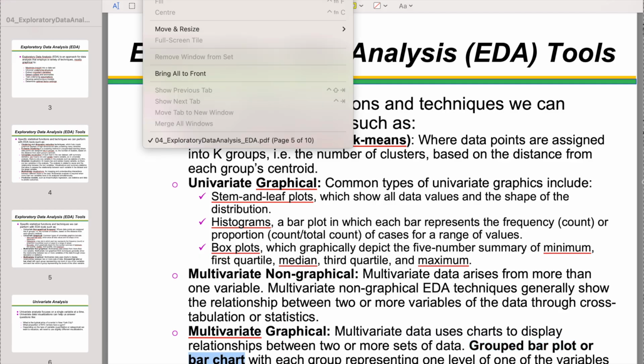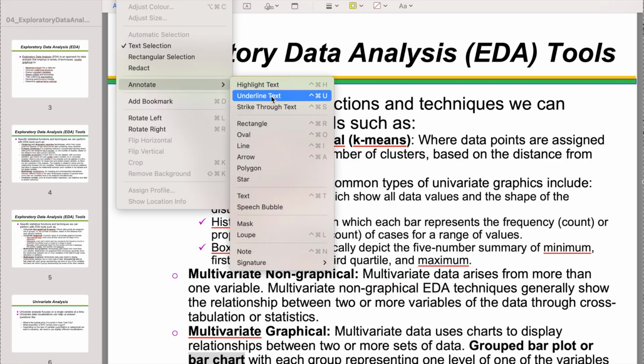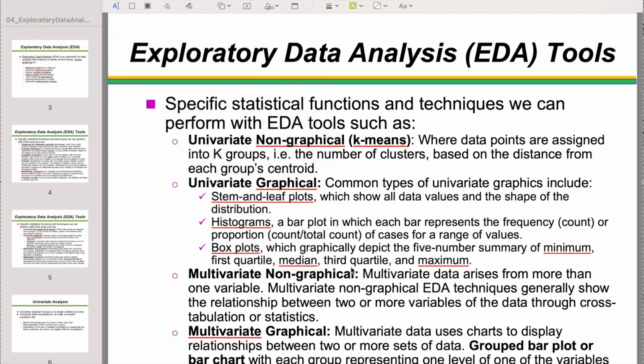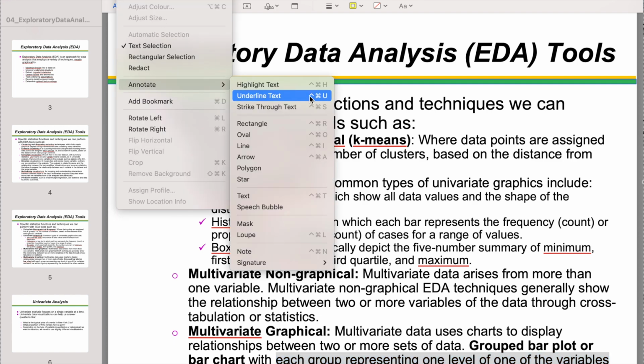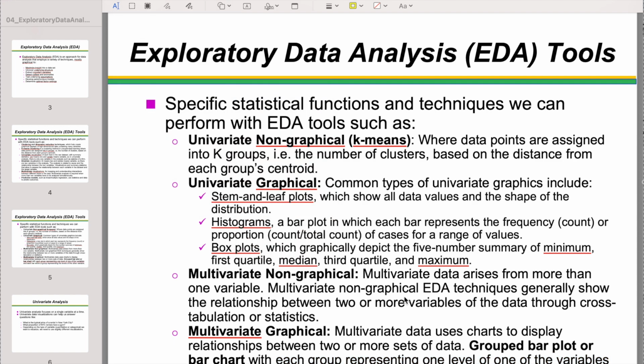So we can create a bar chart for each group or cluster that represents one level of one of the variables. So a bar will be showing one level of one of the variables that we're looking at, and we will have several bars, each one representing the levels of the remaining variables.